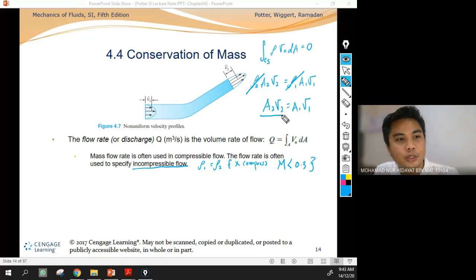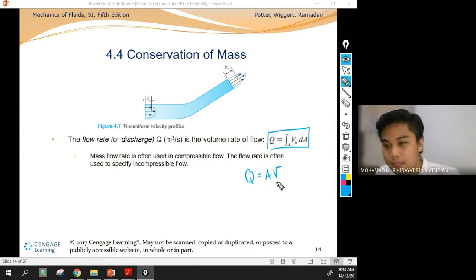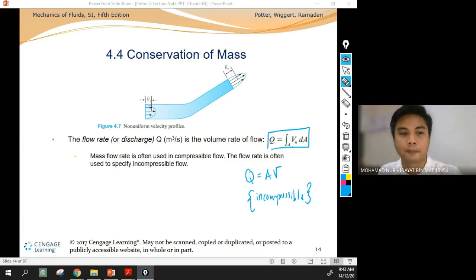This term is equal to the volume flow rate, Q equal to AV. Only apply for, remember, only apply for water or incompressible flow. Okay, so now I hope that you try to digest and understand.